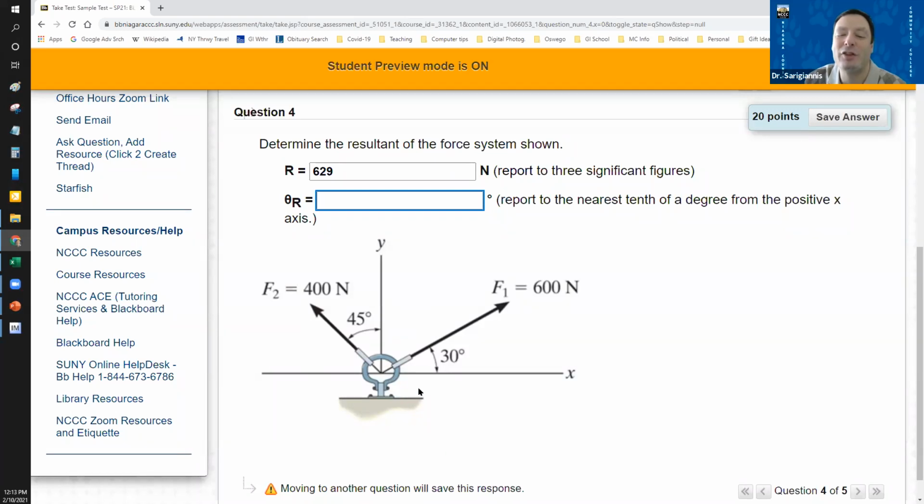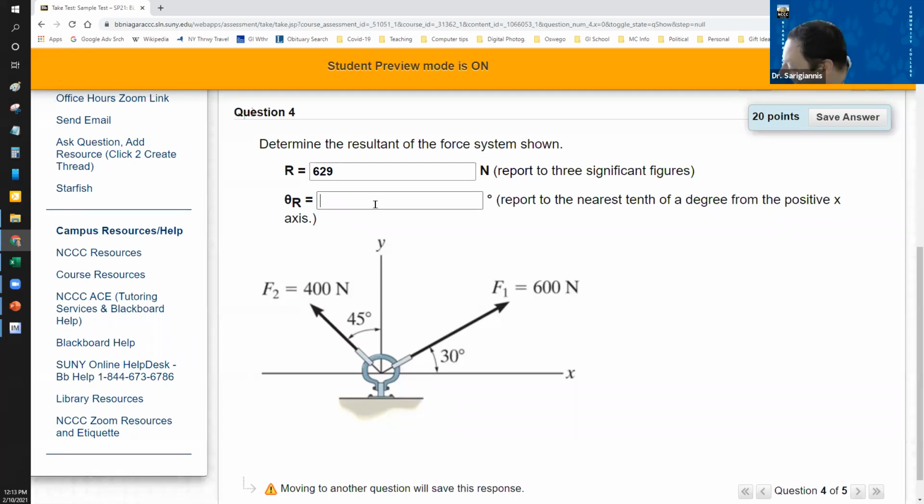So say it was 30 degrees below x, you would type in 330 degrees. Actually, you would do that because I'm asking you to report it as from the positive x-axis. So you're reporting it all the way around. I mean, I would accept a negative sign as well. It might not be marked correct.